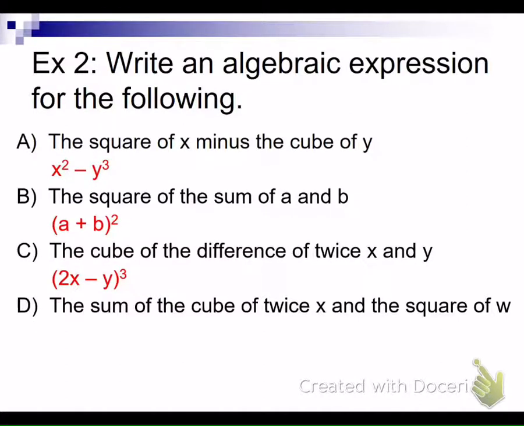D, the sum of the cube of twice x and the square of w. The sum of, so we want to add the cube of twice x and the square of w.